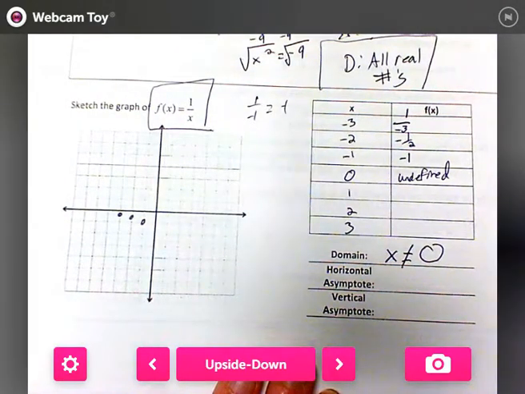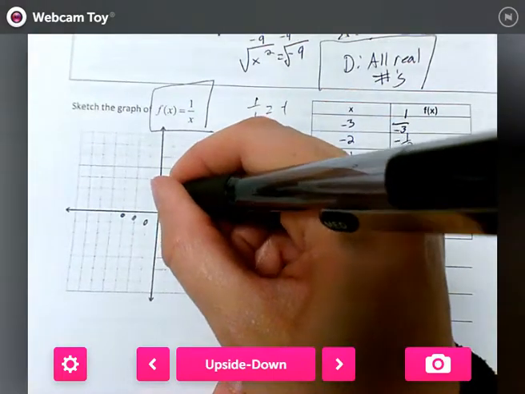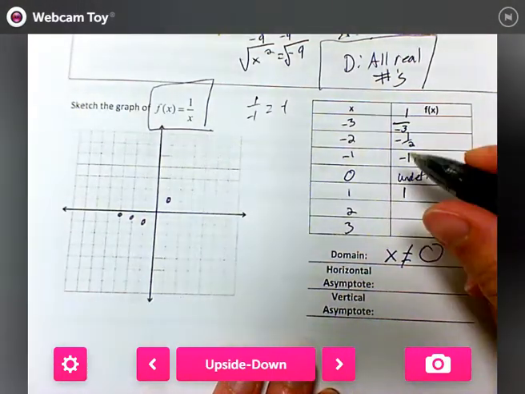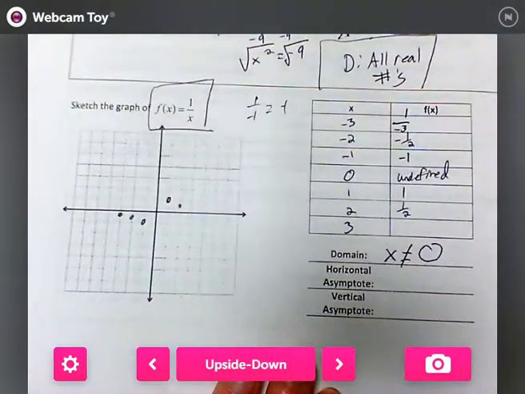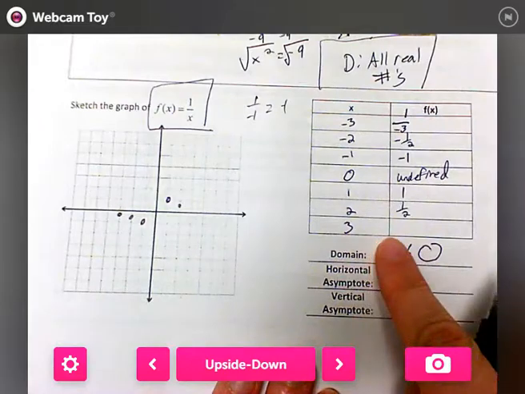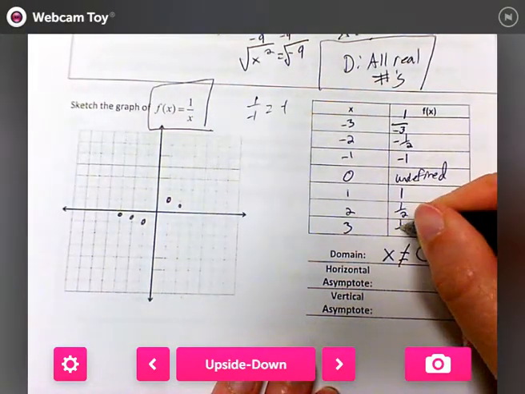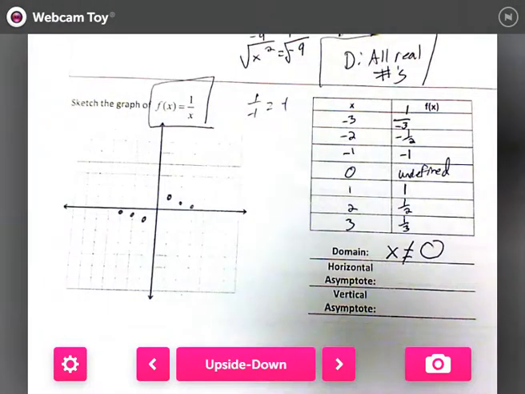At 1, I get 1. At 2, I get 1/2. So I'm right here. And at 3, I'm going to get 1/3. And it's right here. So here's the start of my graph, and I'm like, this looks funny.